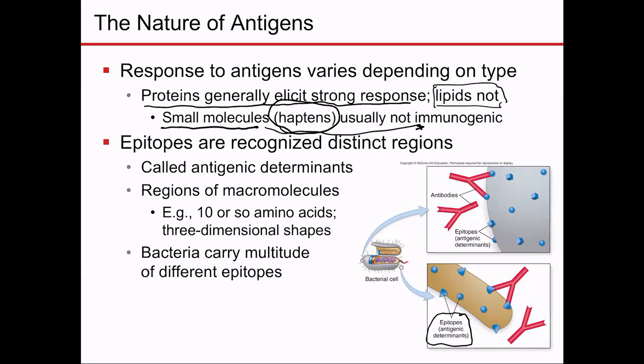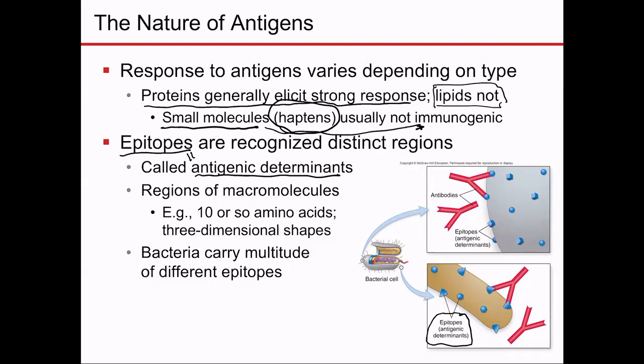Each of them with a different conformation, a particular structure, each of them could be a target. And we're going to call each of these portions of the antigen that can be recognized by the immune system epitopes. Another name for the same thing is antigenic determinants. So antigenic determinants and epitope is the same. Two names for the same thing.